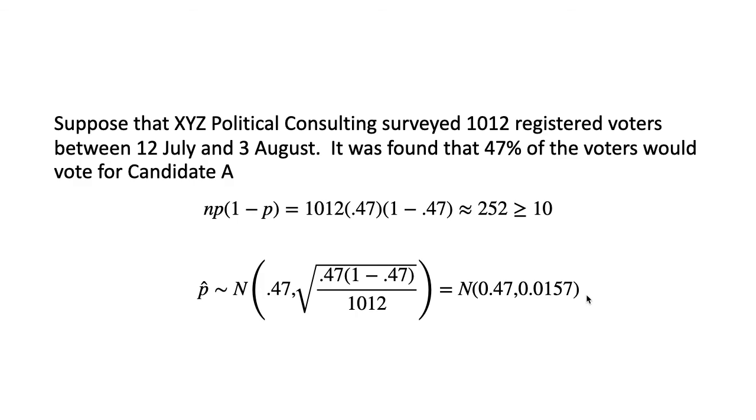And regarding proportions, our sample is going to consist of a bunch of ones and zeros. And at the end of the day, p hat is approximately normal as well with those associated parameters. And for p hat, as long as this condition np(1 minus p) is greater than or equal to 10, which puts us in what we would call a large sample case. And right now, that concludes my video.